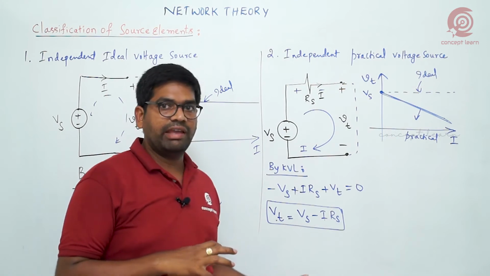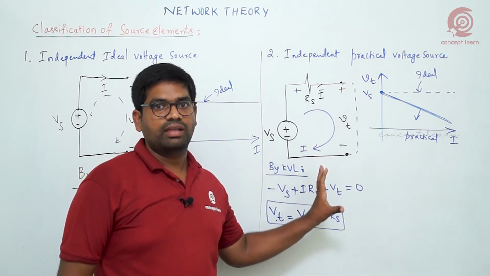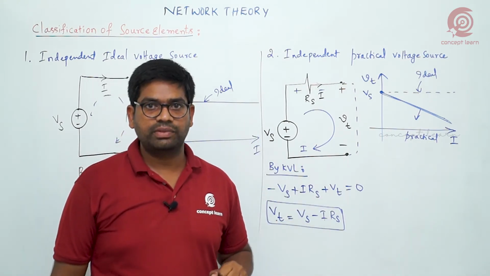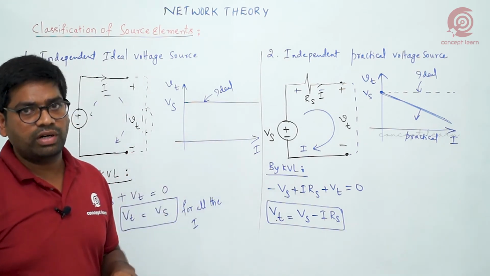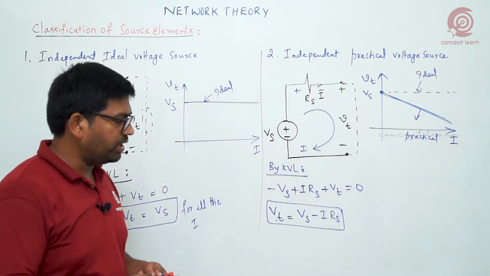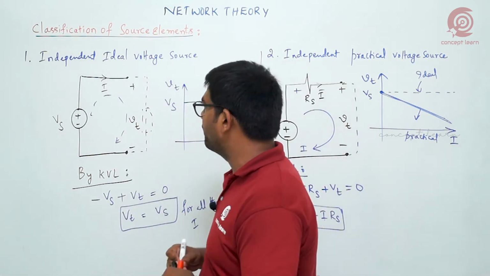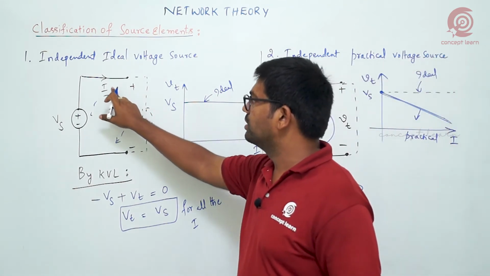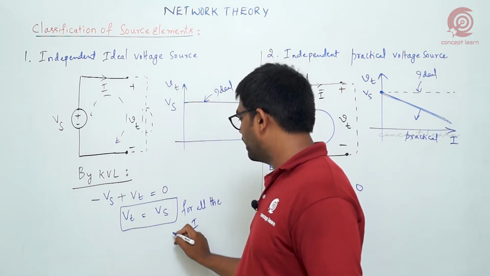Because of this behavior, in practice only these exist. Ideal is generally not possible with this behavior. Internal resistance won't become zero in practice. So when you write the overall properties, you can compare: Rs is present here, but there is no internal resistance in the ideal source. Compare in series form, what is the property you can write?